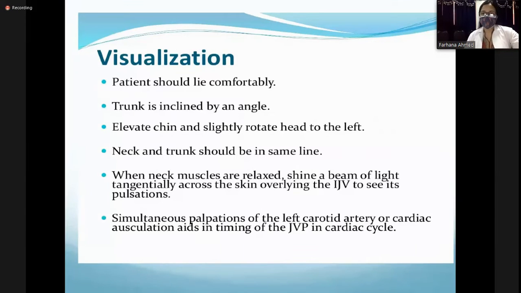When the neck muscles are relaxed, shine a beam of light tangentially across the skin over the internal jugular vein to see its pulsation. To recognize the pulsation, you have to palpate the left carotid artery simultaneously, or you can auscultate the heart sound to determine which pulsation you are seeing on the jugular vein.